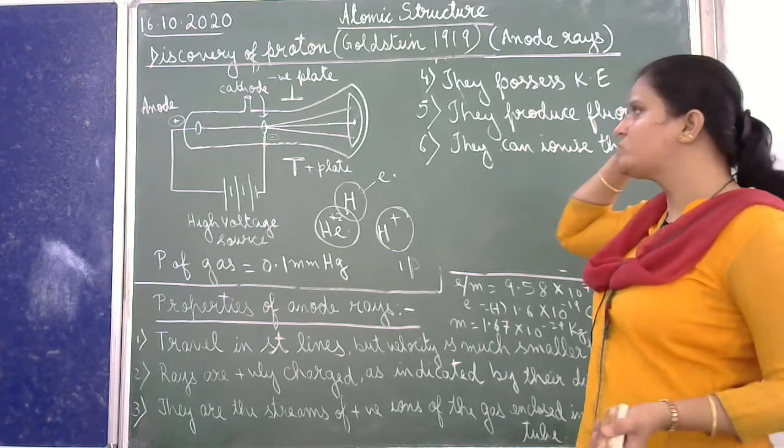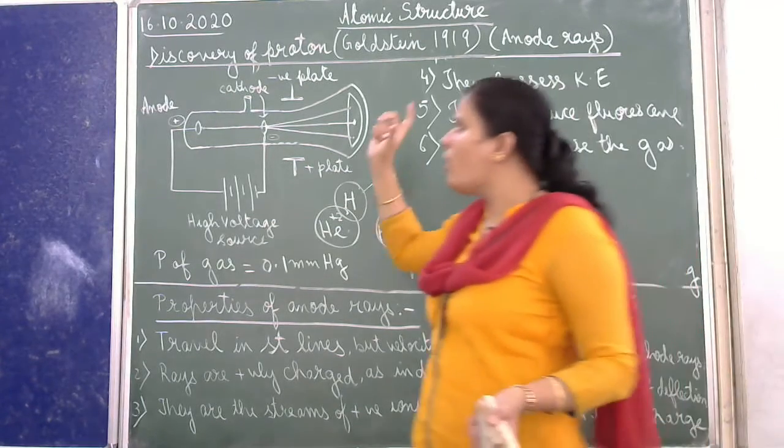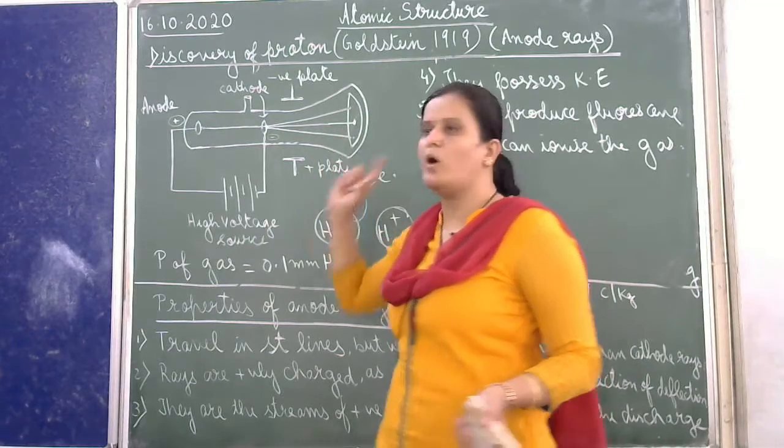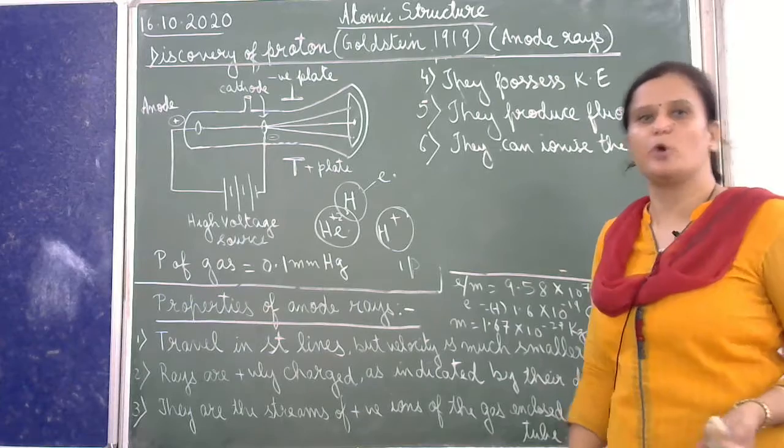Okay, so in this way, Goldstein concluded that the atom also consists of a positively charged particle which he named proton.